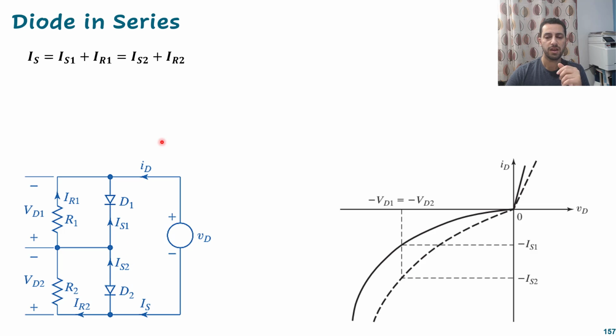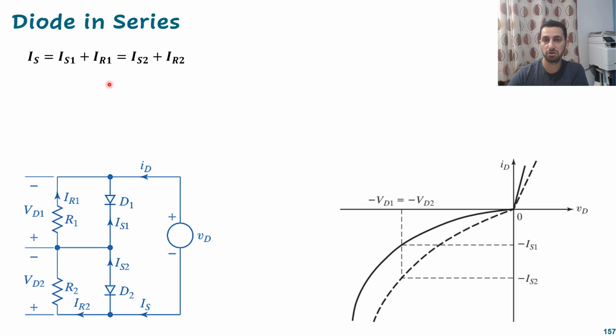If we apply Ohm's law to see how I design R1 and R2, I know the reverse leakage current will go through that diode and that resistor, then combine here again, and then go through the next diode and resistor. So IS is the same as IS1 plus IR1, and also equals IS2 plus IR2.